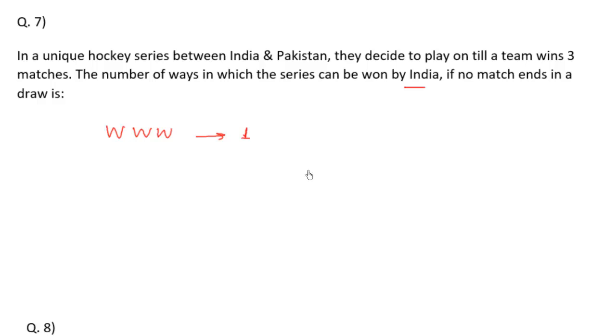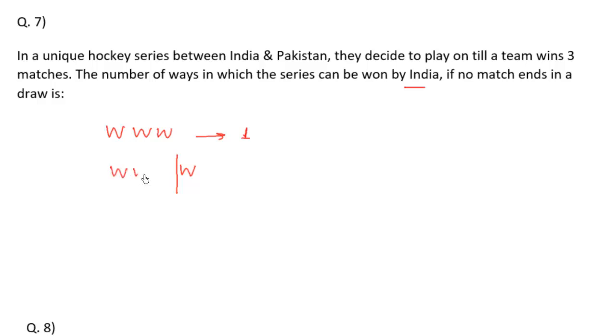If the series ends in 4 matches, then the fourth match will be won by India, and that will be the third win of India, right? So we can say that the fourth match will be won by India, and before that, India will be winning 2 matches and Pakistan will be winning 1 match, or we can say India will be winning 2 matches and losing 1 match.